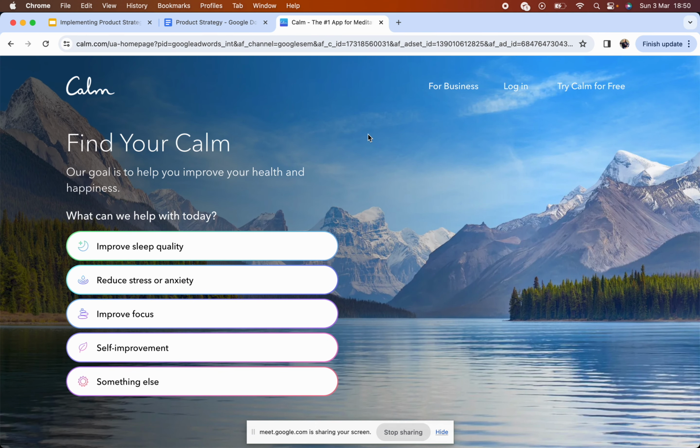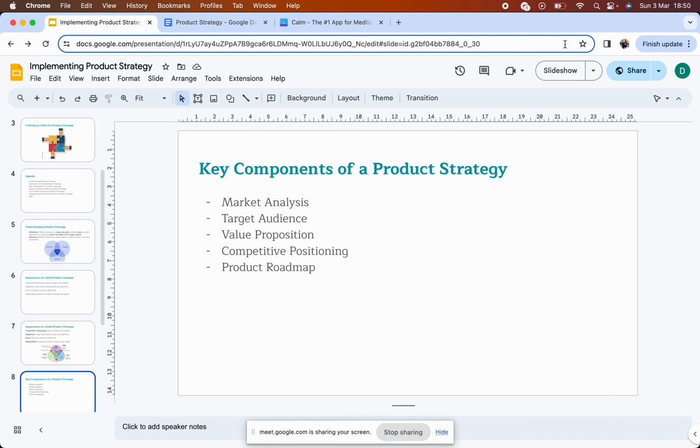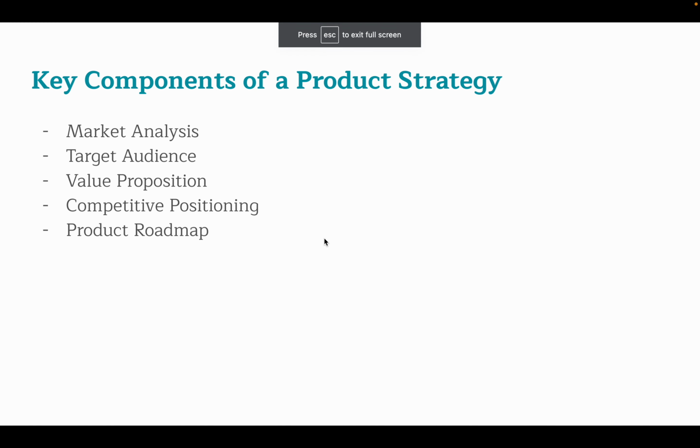They have several functions within the department. And from that perspective, you can see that they've done a thorough job in trying to understand their target customers and users.